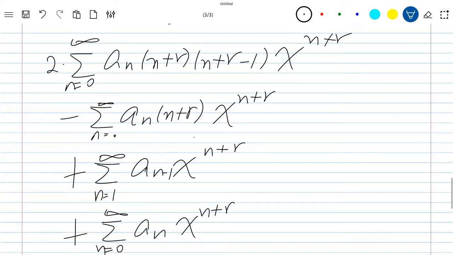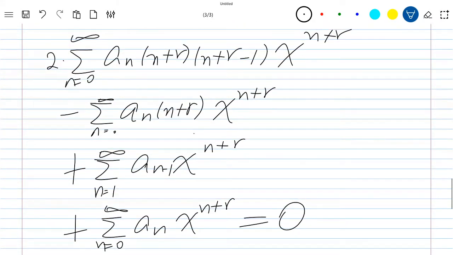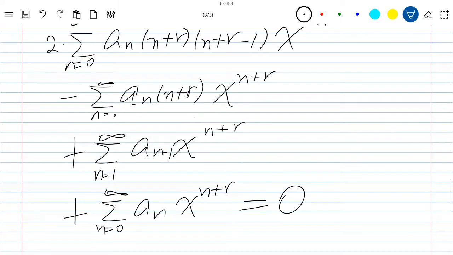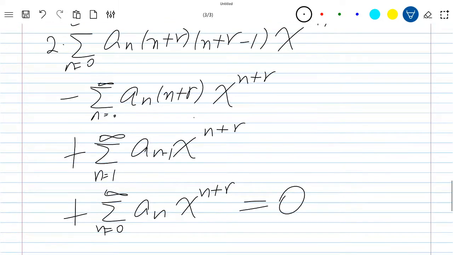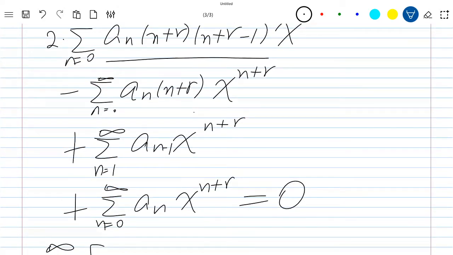Okay, so there are 4 terms that add up together to 0, and you can see 3 of them start from 0, and 1 of them starts from 1, right? So if you add them up, you can just add up all of them starting from 1 with a special thing only for n equals 0. So summation n equals 1 to infinity. You have term 1, term 2, and let's add them together because they're all about an.